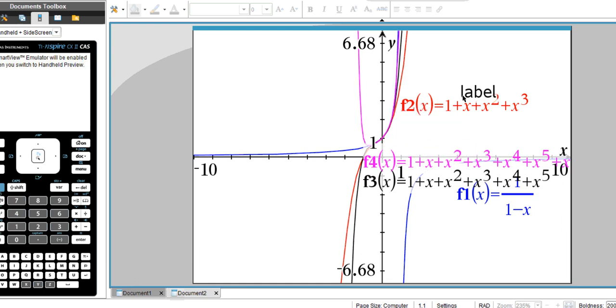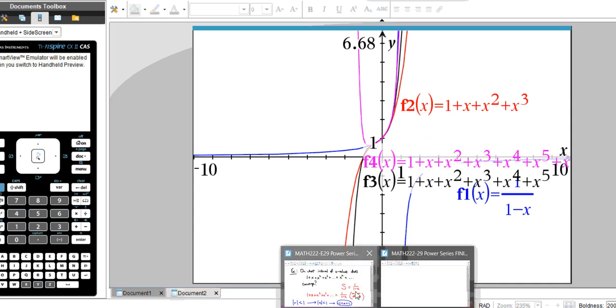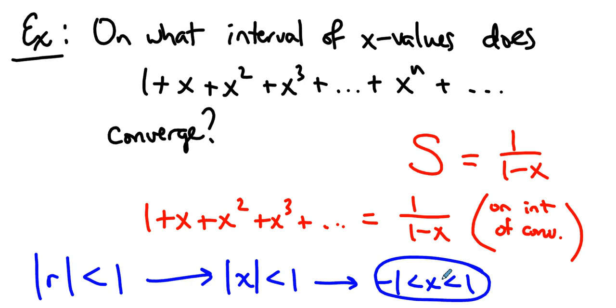It looks like all of these curves, the red one, the black one, the purple one, they all snuggle up to the blue one better and better and better, but not outside of a window. Well, where's the window? The window is between -1 and 1.